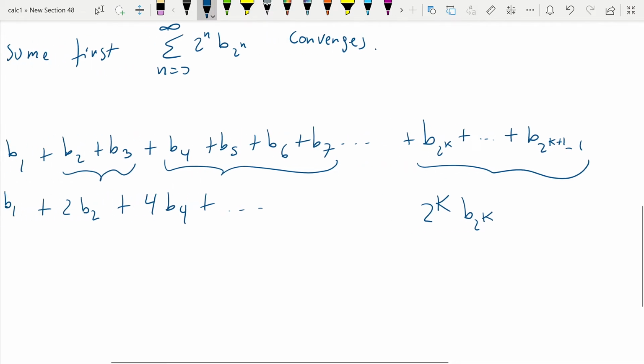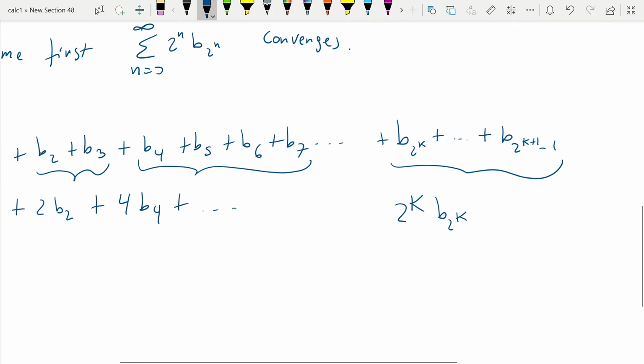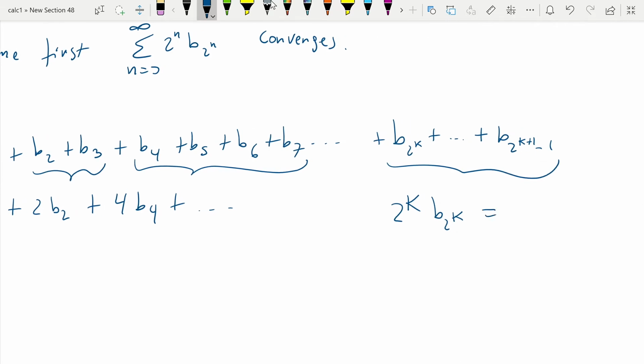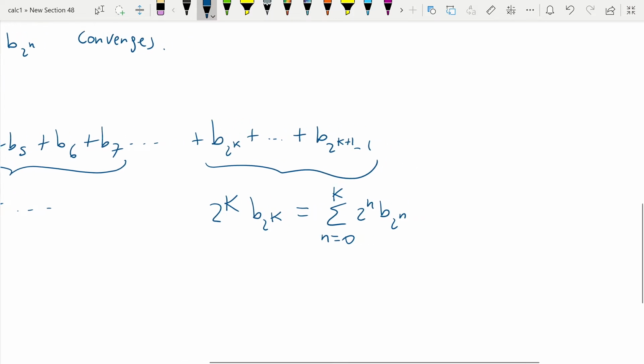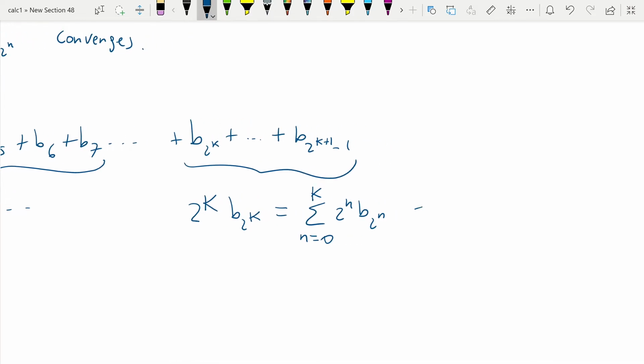And this is exactly the sum from n equals 0 up to k of 2 to the n times b sub 2 to the n. And of course, since this is convergent, this is bounded from above.